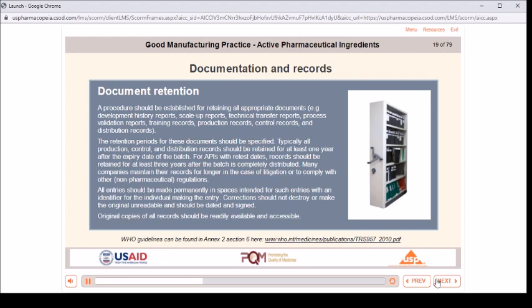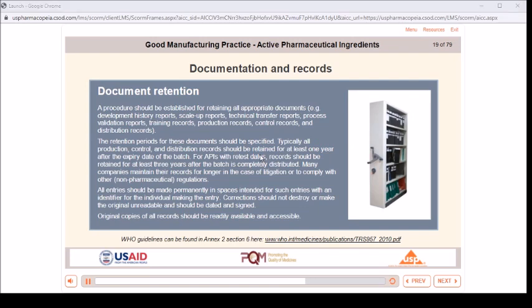Typically, all production control and distribution records should be retained for at least 1 year after the expiry date of the batch. For APIs with retest dates, records should be retained for at least 3 years after the batch is completely distributed. Many companies maintain their records for longer in the case of litigation or to comply with other non-pharmaceutical regulations.